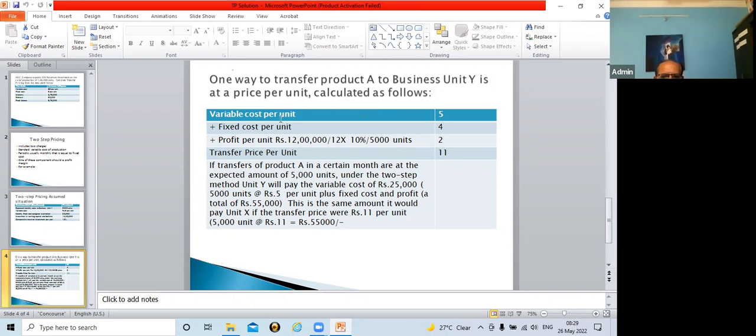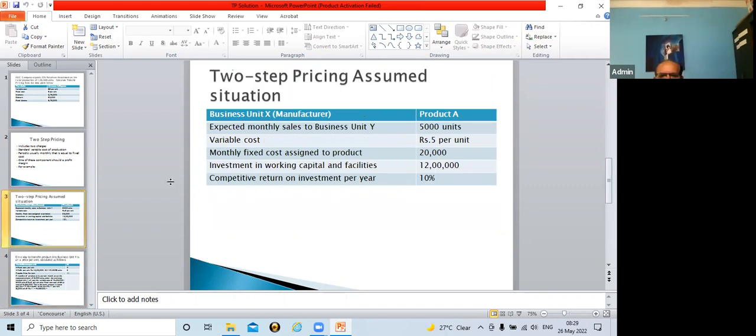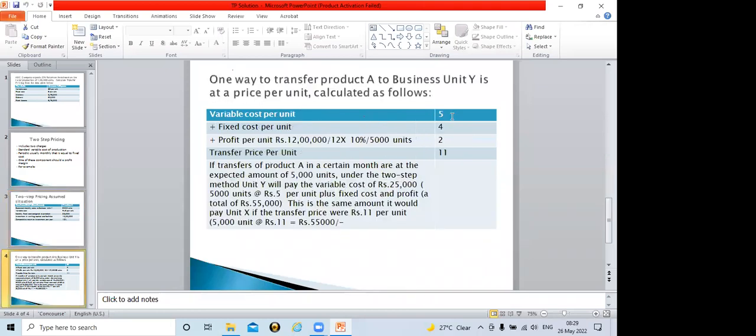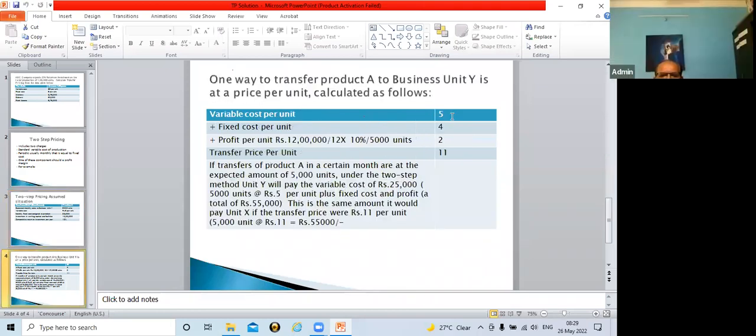Look at the case. How much is the variable cost? 5 per unit. So here we have written variable cost 5 per unit. Understood?